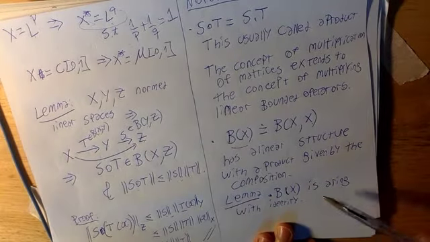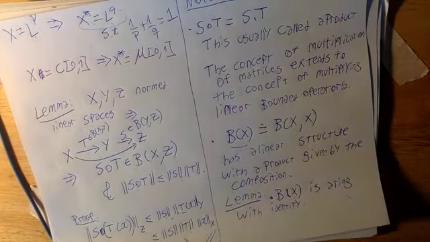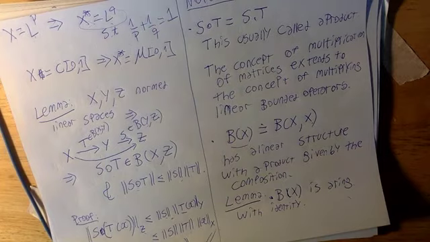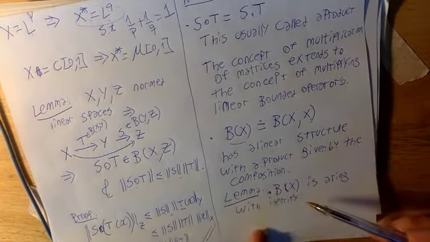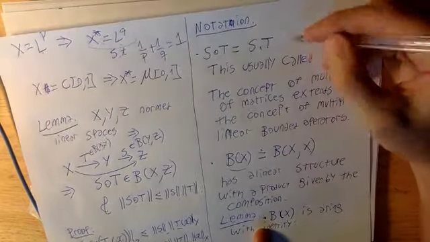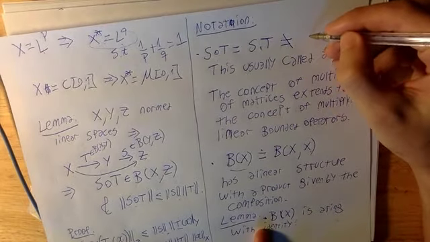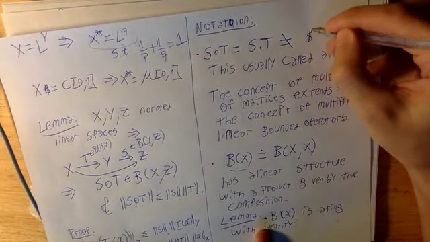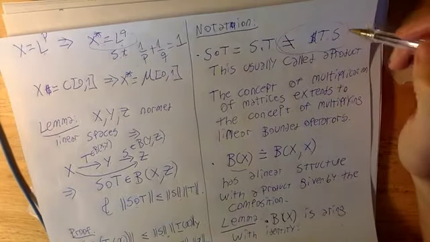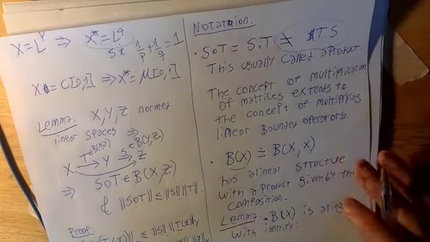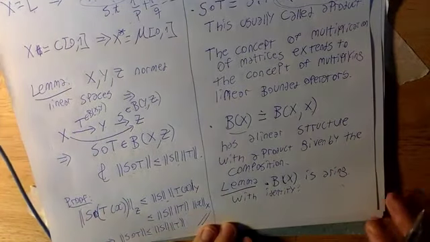The point is that B(X) is a ring, and it's not a commutative ring. So when you take products in B(X), taking S times T is different from taking T times S. The lack of commutativity, which is true in matrices, makes these types of rings interesting to study.